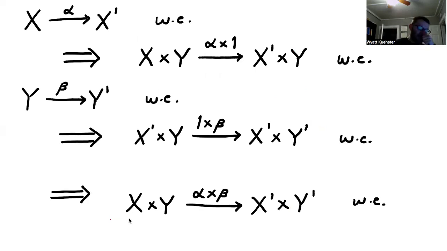Now I also have a weak equivalence from alpha and beta. So using closed under finite products, I get that alpha cross the identity on Y is a weak equivalence, and the identity on X prime cross beta is a weak equivalence. And so their composition is a weak equivalence, and their composition is exactly alpha cross beta from X cross Y to X prime cross Y prime. So we get that that's a weak equivalence.